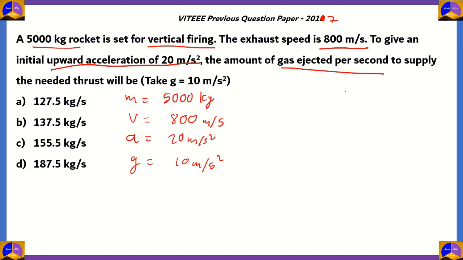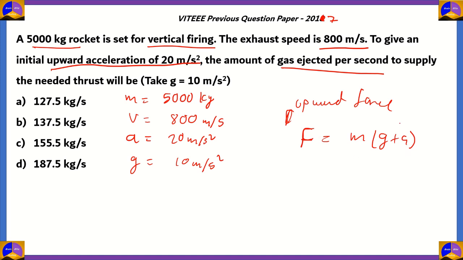So over here, we have the upward force, which is F equal to m times g plus a. Initially, when the rocket is starting to fire, there is no loss of mass, so the force is equal to m times the acceleration.